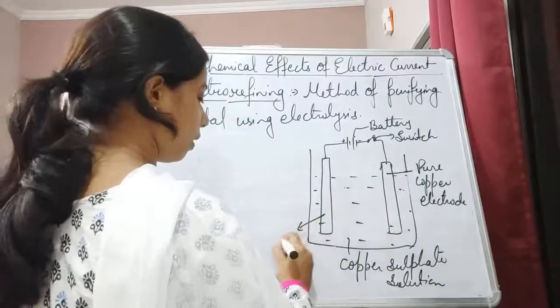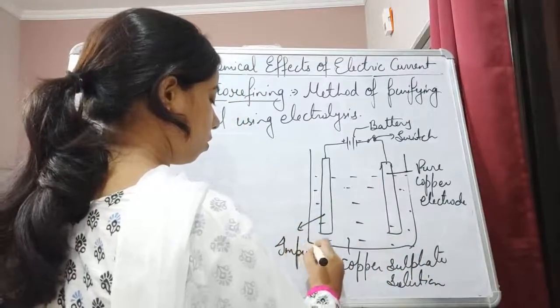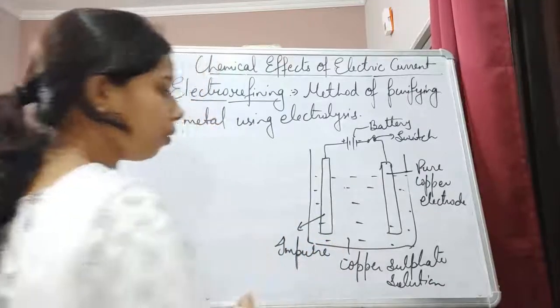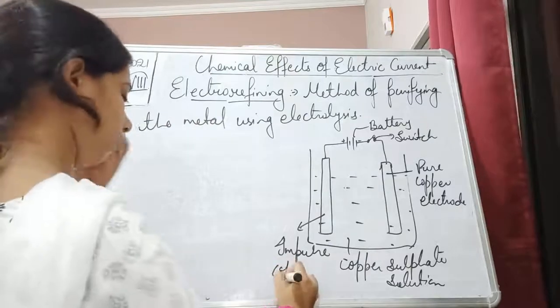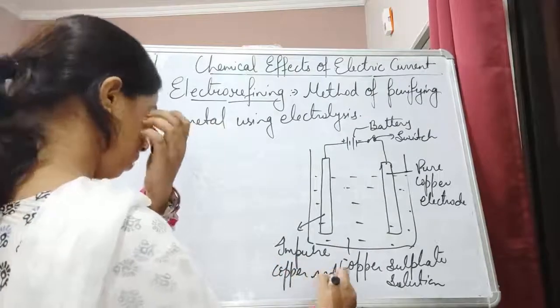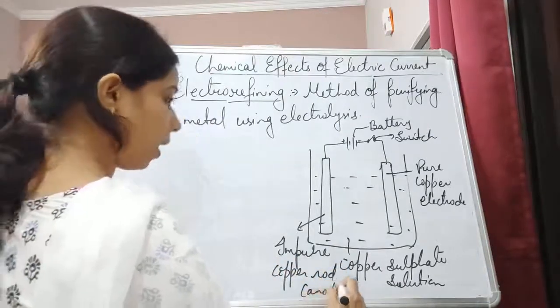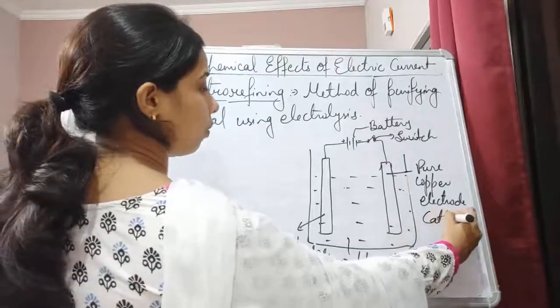And this is an impure copper rod. This is at the anode, and this is at the cathode, which is the pure form.